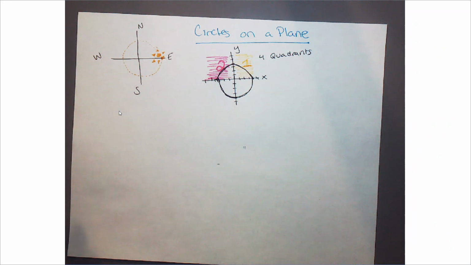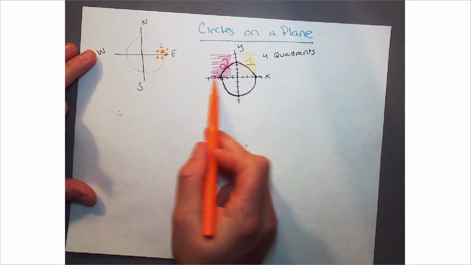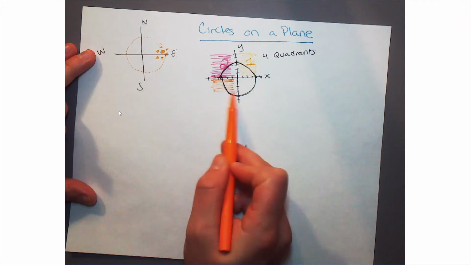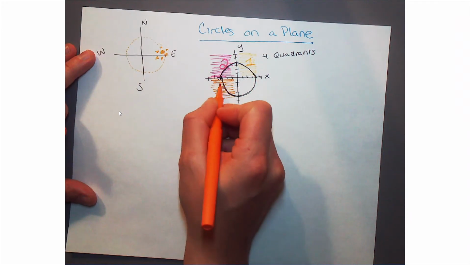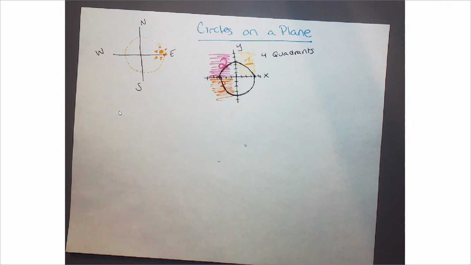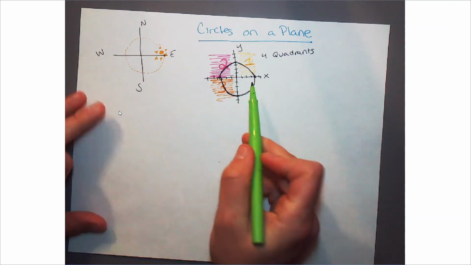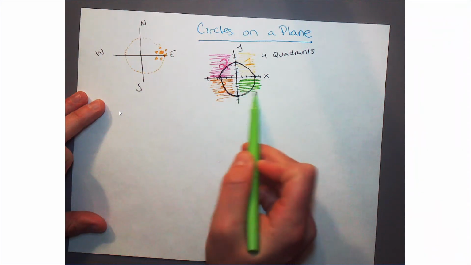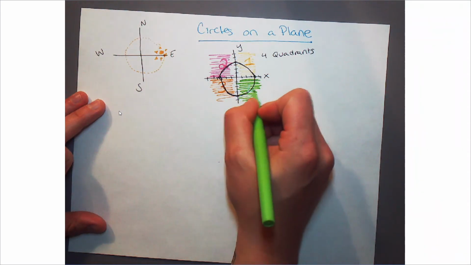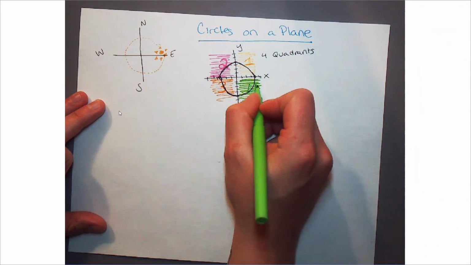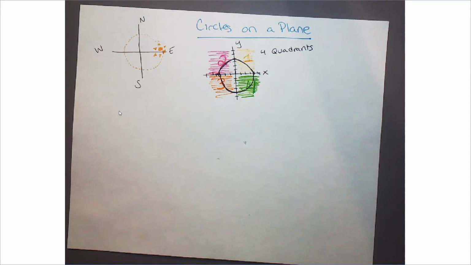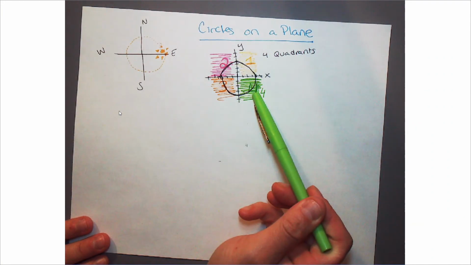Moving on down, this is quadrant 3. And finally, we have quadrant 4. So we've got quadrant 1, 2, 3, and 4.